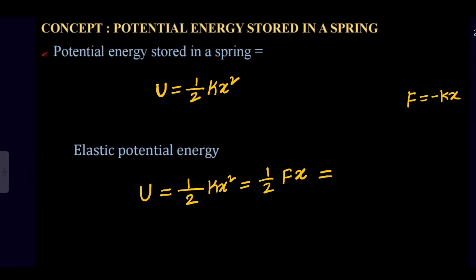And that is also equal to F square by 2k. So we can find the F value here. If I put this, we get x equal to F by k.